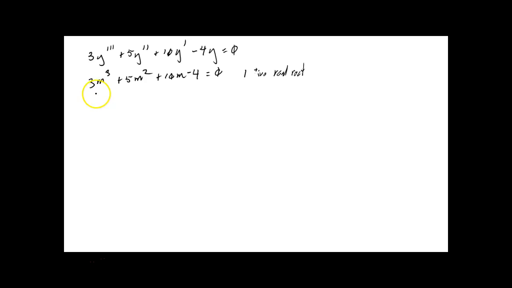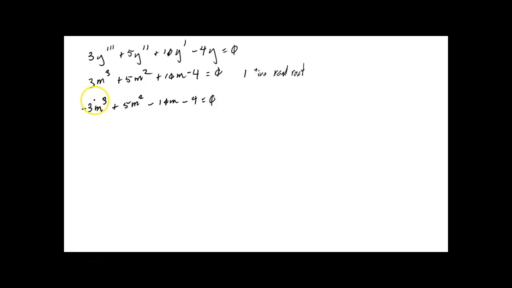Okay? Then do the second part of the Descartes rule of signs, which is, since that's an odd number, you change the sign, minus 3m cubed. That's an even number, leave that sign the same, plus 5m squared. That's an odd number, change that sign to minus 10m, and then this is even, minus 4 equals 0.